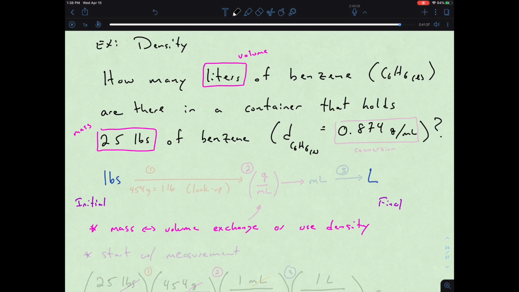If I think about the density value that I have, and now boxing that off to the right as far as a conversion, if I come backwards from liters and get to milliliters, well, that is where that interchange could be, in terms of the conversion of grams over milliliters that we're seeing below here, right? This mass to volume exchange.